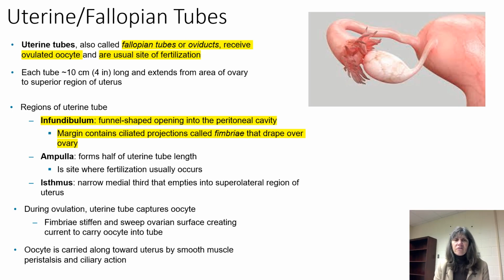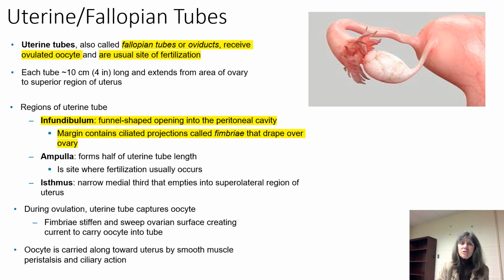Those are fimbriae, and they have kind of a wave-like motion. So when an ovum is extruded from the surface of the ovary, the wave-like motion of the fimbriae will draw that ovum into the fallopian tube.